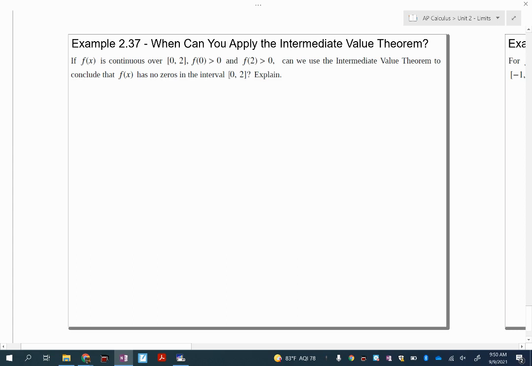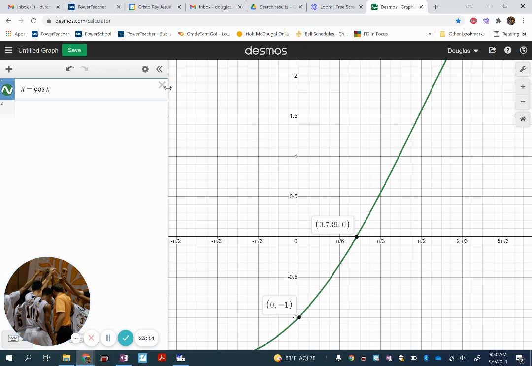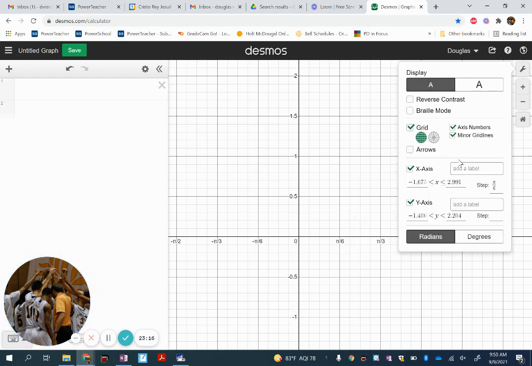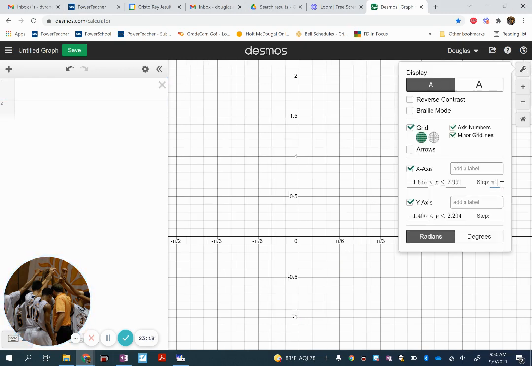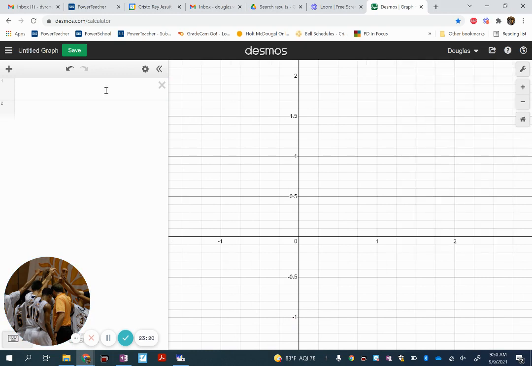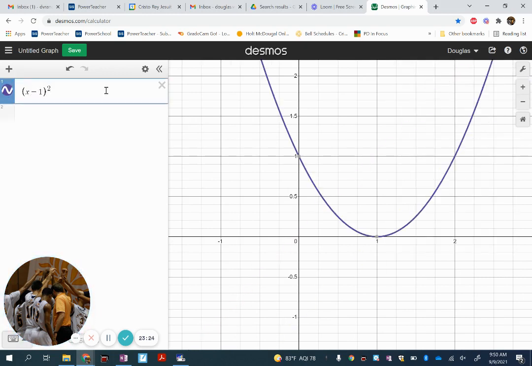So let me show you an example on Desmos that would be true for this and still have a 0. Let me get my step back to be 1. If I use this quadratic function, x minus 1 squared, you'll see that f of 0 is positive, right? Positive 1. f of 2 is positive, right?